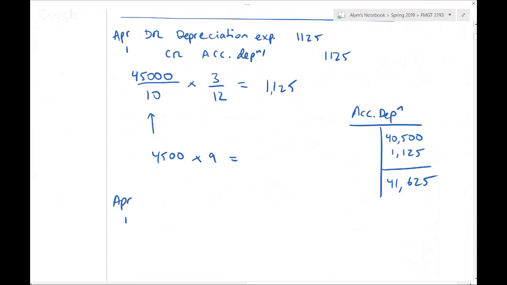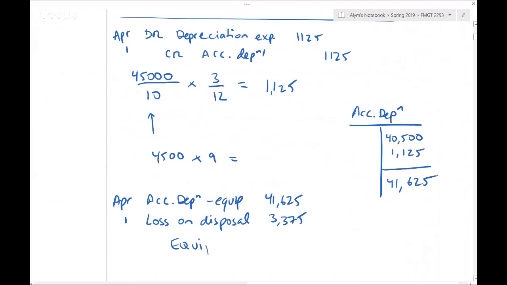On April 1st, to get rid of this asset now, we're going to debit the accumulated depreciation for 41,625. We're going to debit a loss on disposal. That's 3,375. And we're going to credit the equipment account for 45,000.